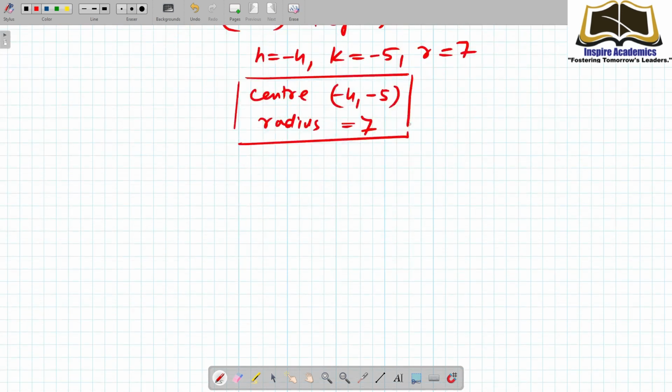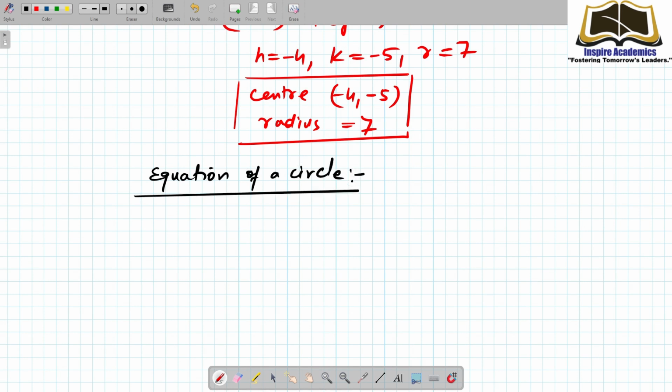Let us now learn equation of a circle in yet another form. The standard equation of a circle that we took is x minus h whole square plus y minus k whole square equals r square.